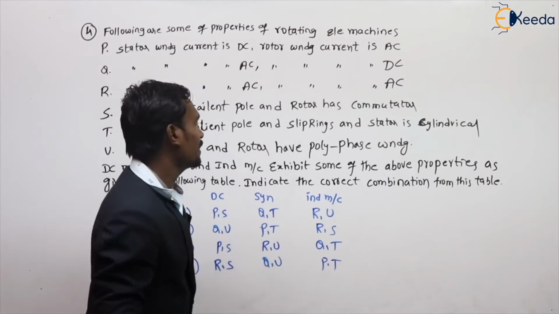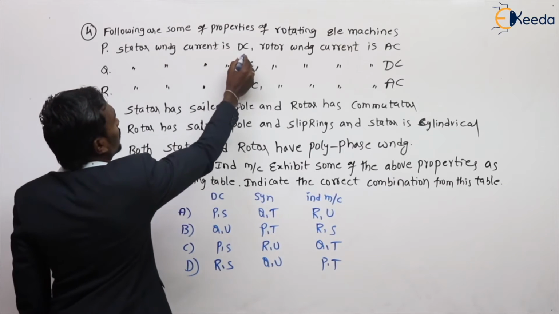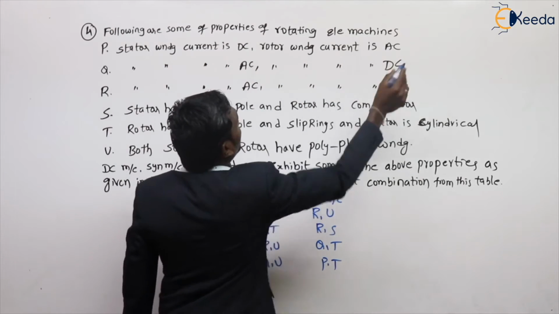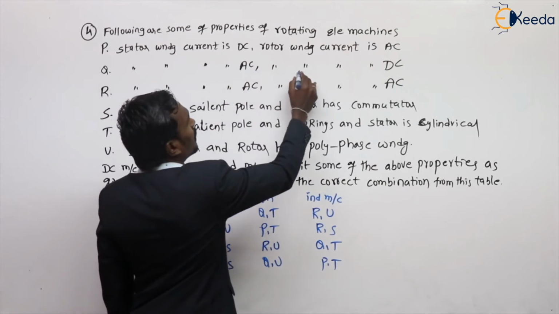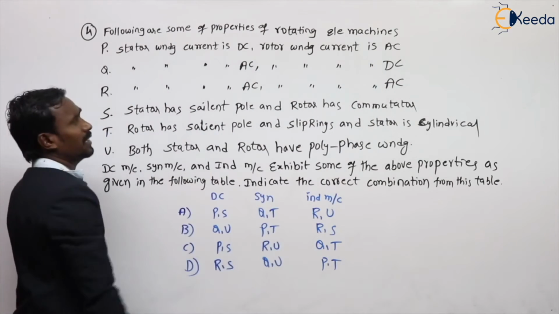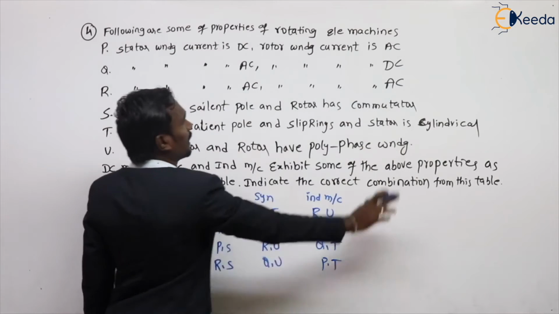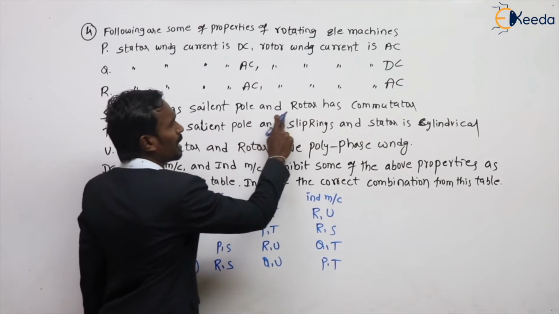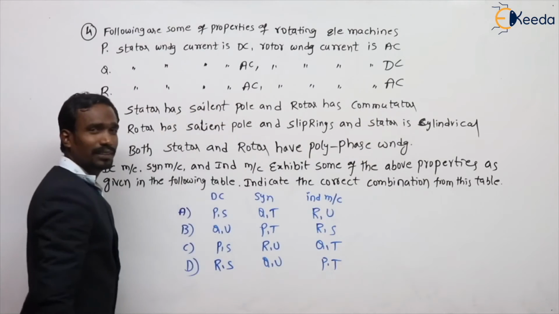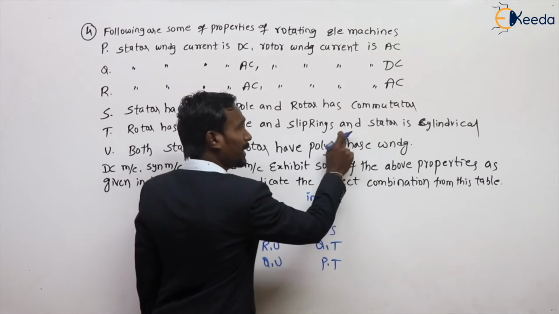Let's see here. Stator winding current is DC, rotor winding current is AC. Stator winding current is AC, rotor winding current is DC. Stator winding current is AC, rotor winding current is AC. Stator has a salient pole and rotor has commutators. Rotor has a salient pole and slip rings.